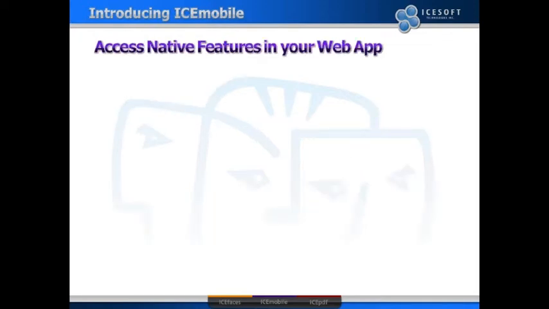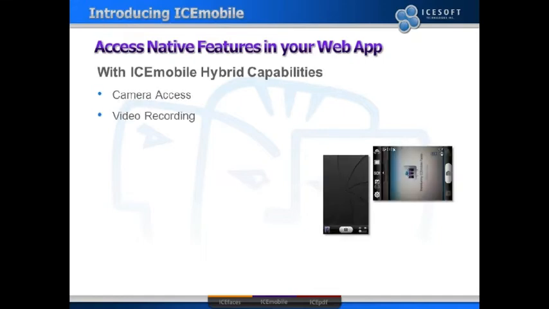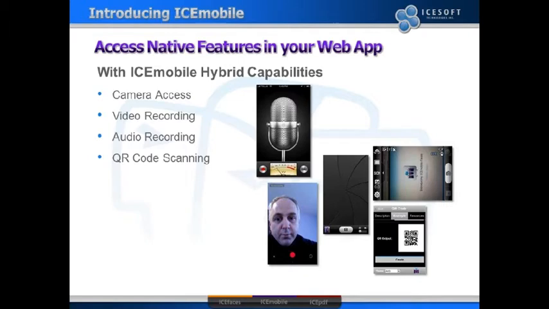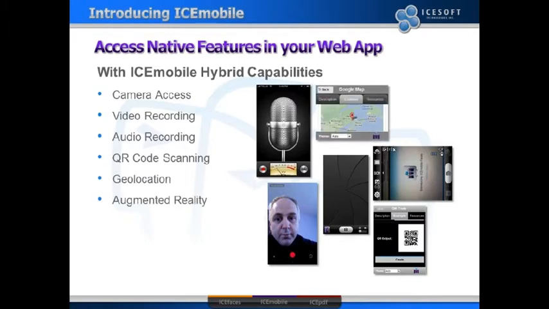Now, ICEmobile offers access to native features, including the camera, video recording, audio recording, QR code scanning, geolocation, augmented reality. And augmented reality is a really neat thing that you might want to check out.